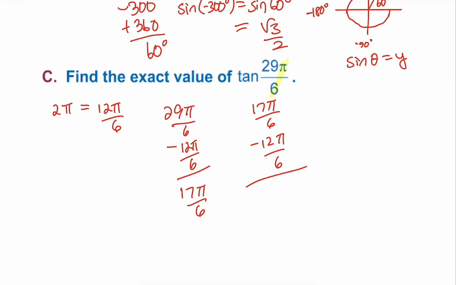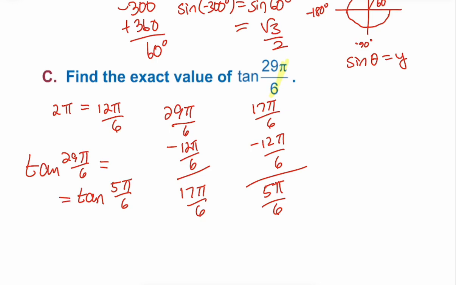And which finally leaves us 5 pi over 6 is extra. Now 29 pi over 6 then is coterminal with 5 pi over 6. So the tangent of 29 pi over 6 is the same as the tangent of 5 pi over 6.